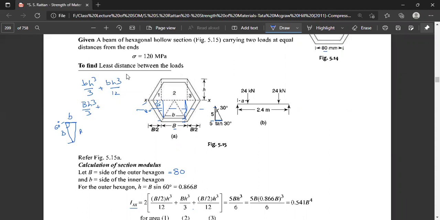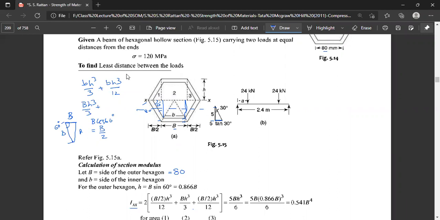So from b, this height length will be b multiplied by cos 60 degree. That is b divided by 2. So this is equal to b by 2. You have to put b by 2 into h cube by 12 here. And this is for one triangle, this is for another triangle.